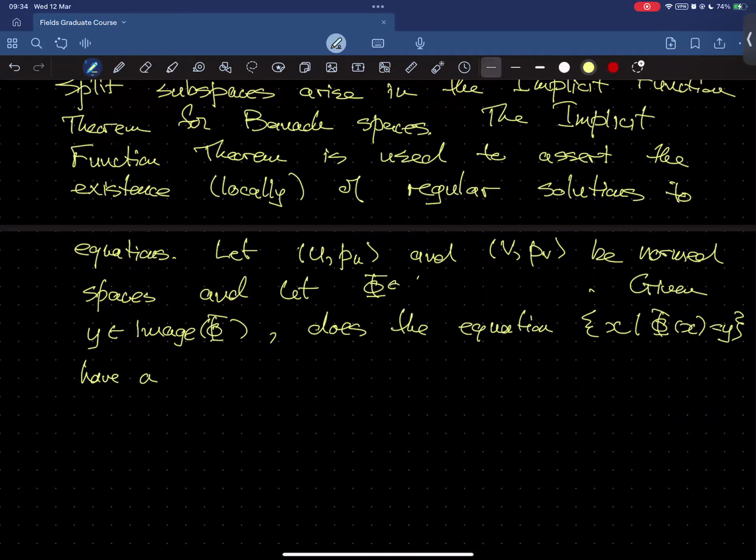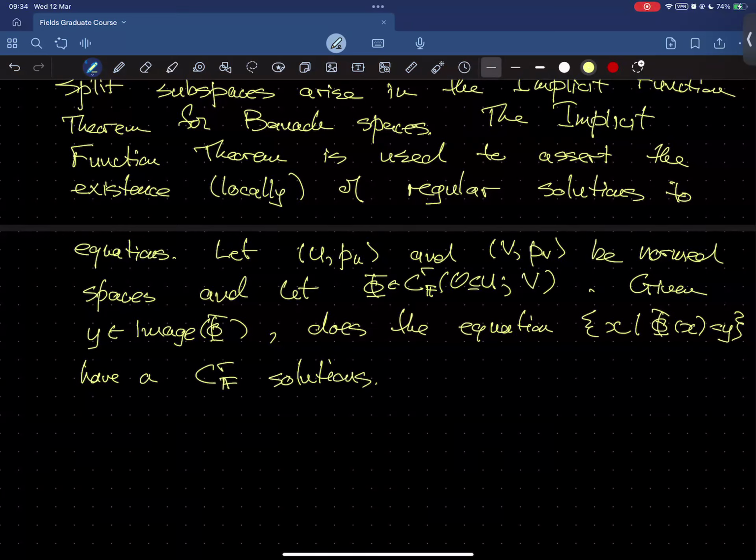Let me put some regularity in here. Is the set of all solutions smooth in some way?